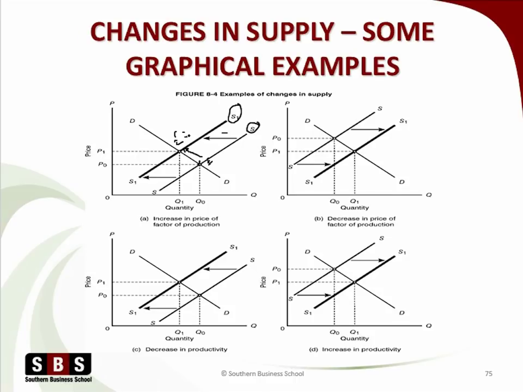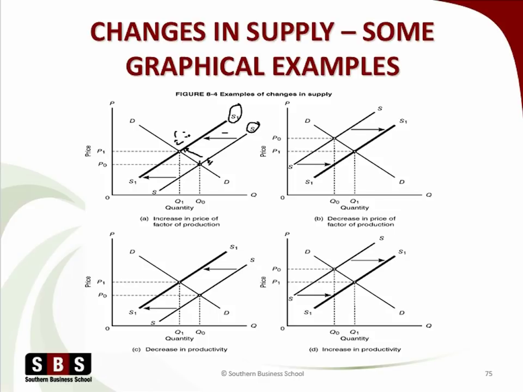See what is asked. You may be asked in the exam, what will the effect be on market equilibrium if there's an increase in the price of factors of production? Then that is the typical graph that you're going to illustrate it with. A decrease in the price of factors of production will just be the opposite way. The next graph is, for instance, what will happen in the market for demand and supply if there's a decrease in productivity.